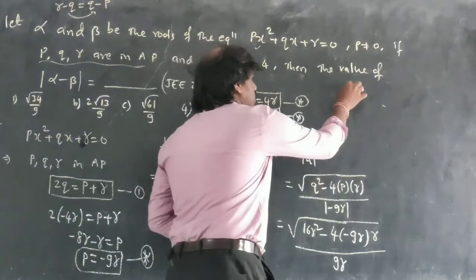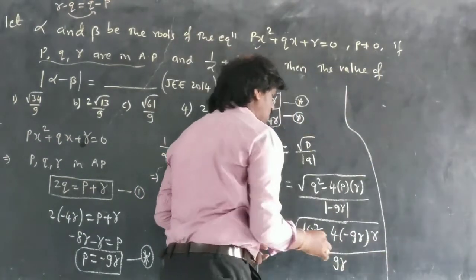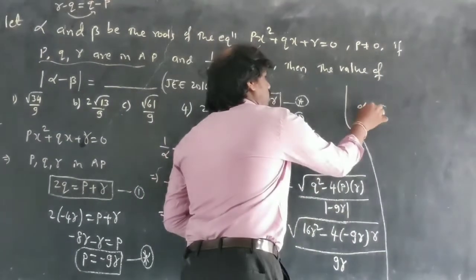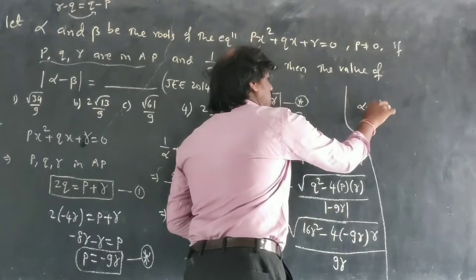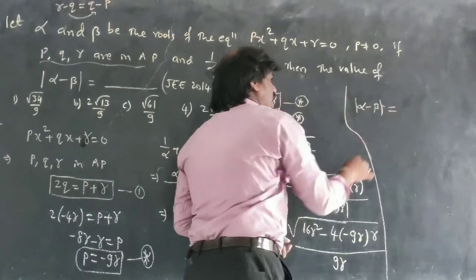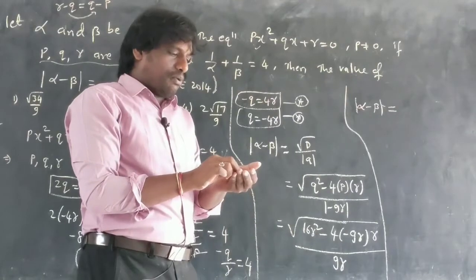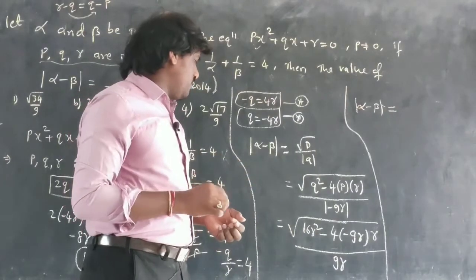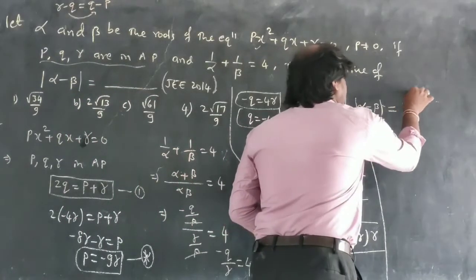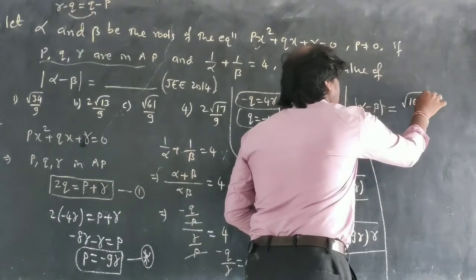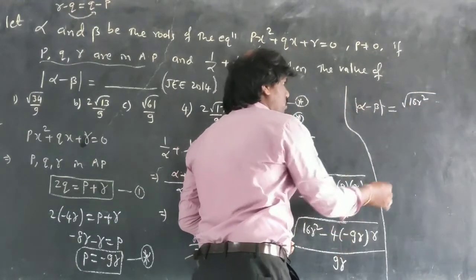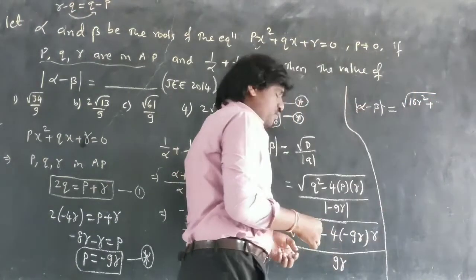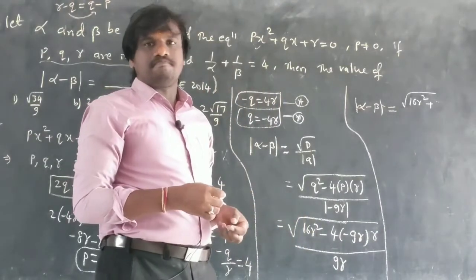So that way we are coming to the conclusion of this sum, the modulus of alpha minus beta value. It is required, and this is a most important question of JEE. So the square root of 16r square, and minus into minus plus, 9 4s, how much? 36.